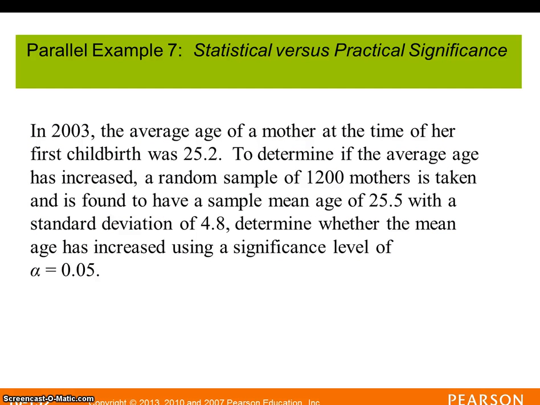So as an example, let's say in 2003, the average age of a mother at the time of her first childbirth was 25.2. To determine if the average age has increased, a random sample of 1,200 mothers is taken, and it's found that they have a sample mean of 25.5 with a standard deviation of 4.8. Determine whether the mean age has increased using a significance level of 0.05.